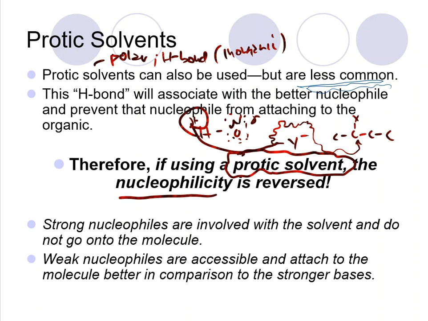nucleophilicity is reversed. That means the iodine ain't so ugly anymore. So if we throw iodine into a pool of protic solvent and we throw OH into a pool of protic solvent, this is what happens. Both get dumped. The little piranhas are going to be surrounding the I and the OH, and the piranhas are going to gravitate toward the better base, the prettiest one.